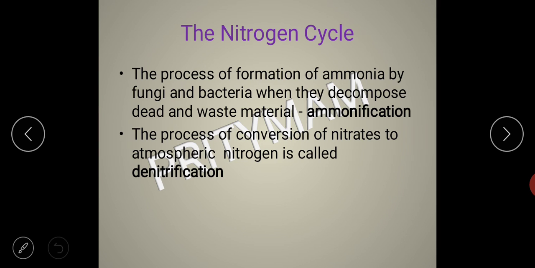This is the ammonification process. You know that when plants and animals die, microbes decompose the dead material. You know that there are many microbes which convert the dead materials. Ammonia is produced during this process.